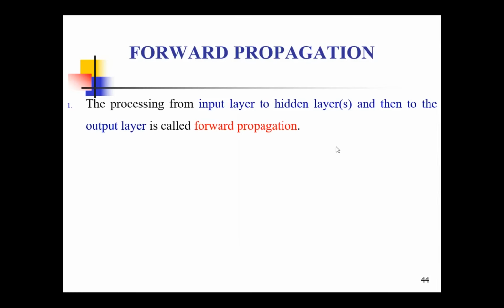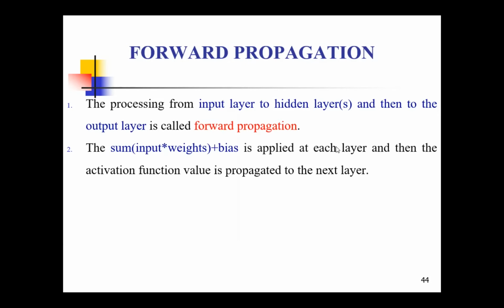So in the case of multi-layer perceptron models, the processing of data from the input layer to the hidden layer takes place, and from the hidden layer it is subsequently delivered to the output layer, and this is called feed forward propagation. Forward: input, hidden, and then output, no backward. I am not going to feed it from backwards, so it is called feed forward. Forward only I am going to move.